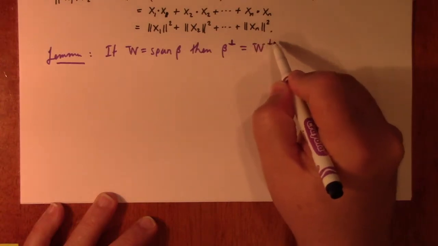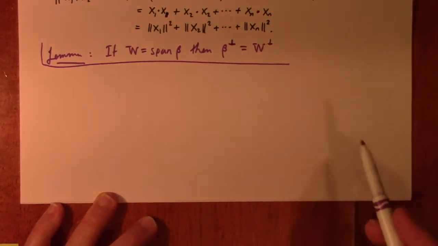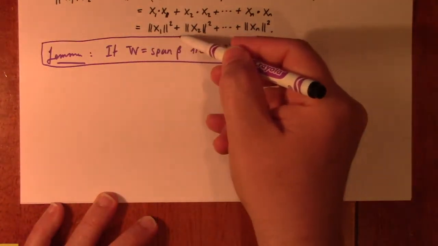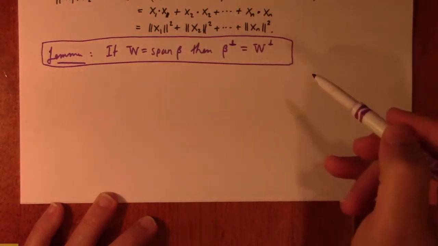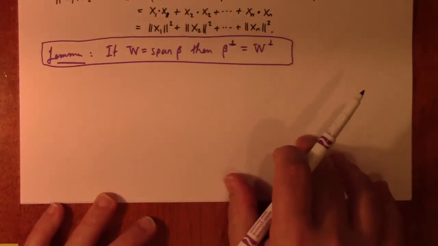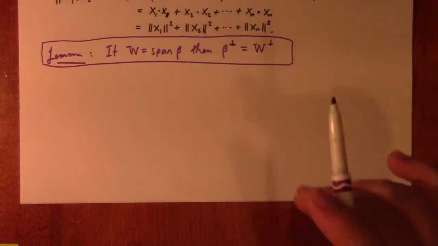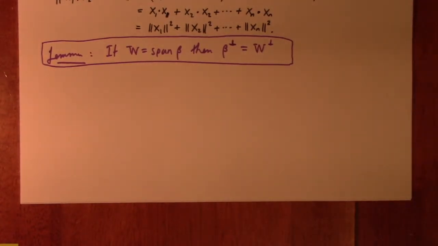I might have used different letters, but that was the basic sentiment of the lemma. It's just that to calculate the perp, you don't need to use the whole infinite set if you don't want to. You can simply look at orthogonality with respect to a generating set. Okay, so that's what we're setting out to prove here. So, okay, let's see here. So what does this mean?